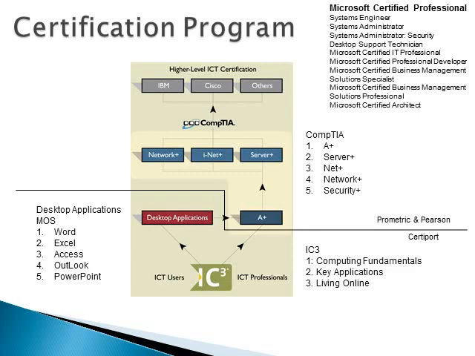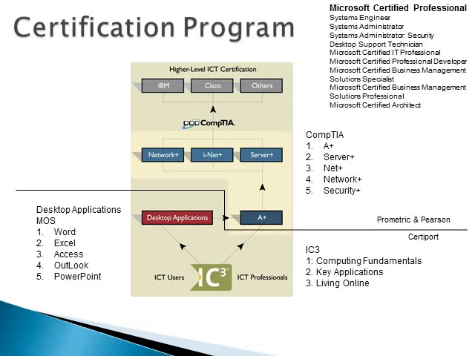On your left, we have the desktop applications, and this is what we'll be focusing on today: Word, Excel, Access, Outlook, and PowerPoint. Once you've passed these, you can move on to A+, which is mostly focusing on hardware.